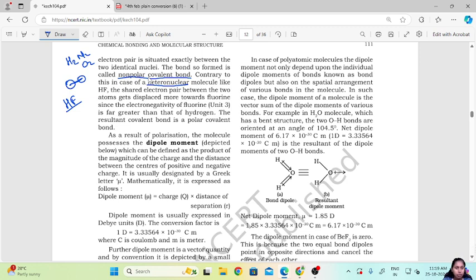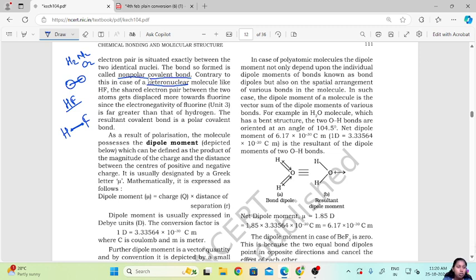the shared electron pair between the two atoms gets displaced more towards fluorine, since the electronegativity of fluorine is far greater than hydrogen. Fluorine being highly electronegative, the electrons associated with the bond are pulled more towards fluorine.